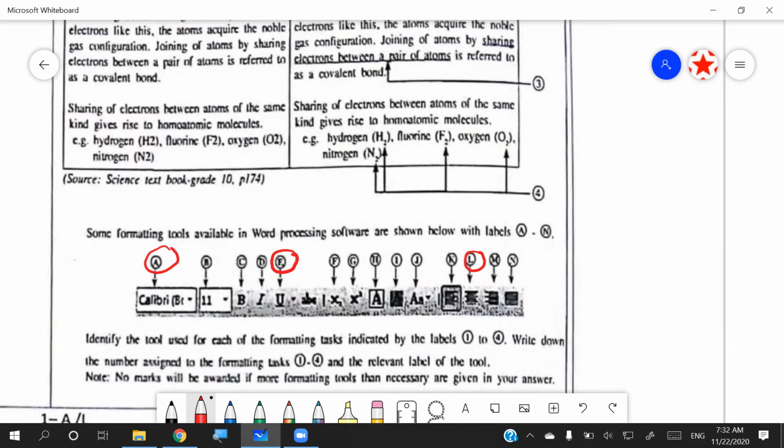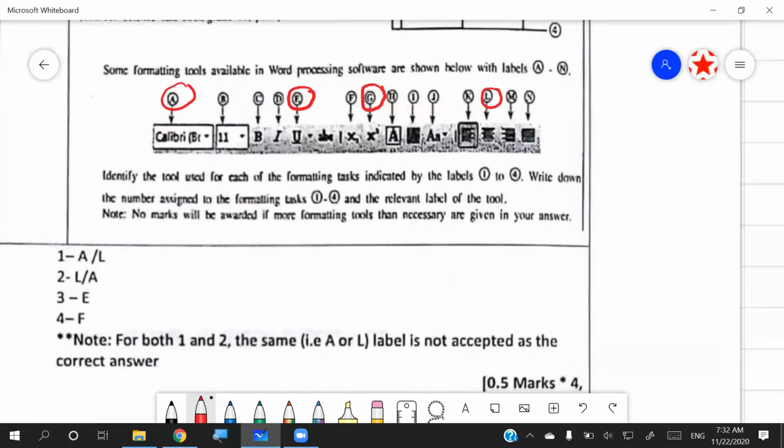When you need the text at a lower level than the normal typing level, it's going to be subscript. And superscript, on the other hand, will send the characters up from the normal typing level, right? So it's subscript for this particular answer.